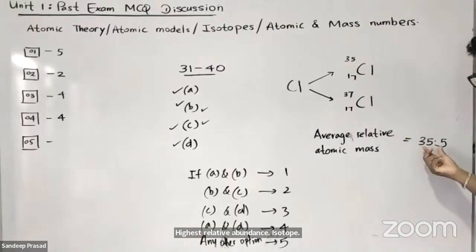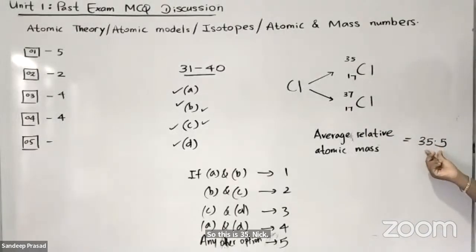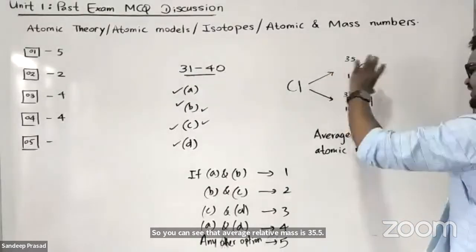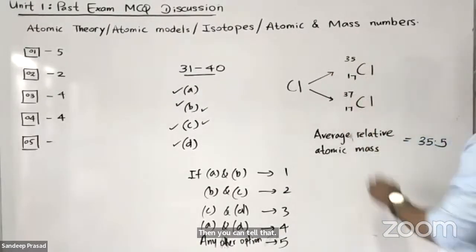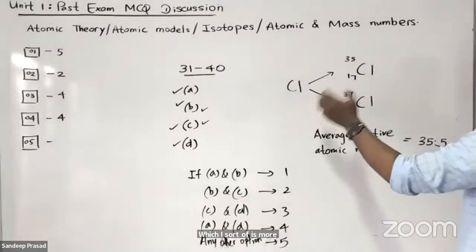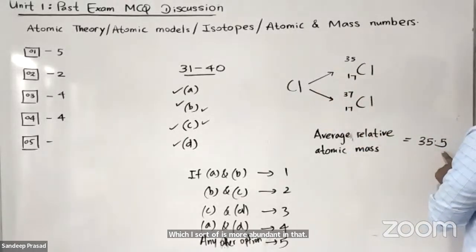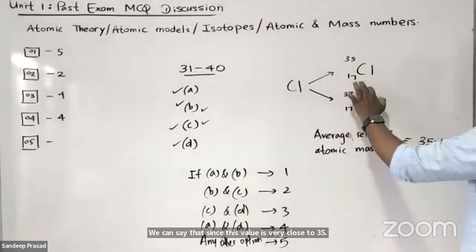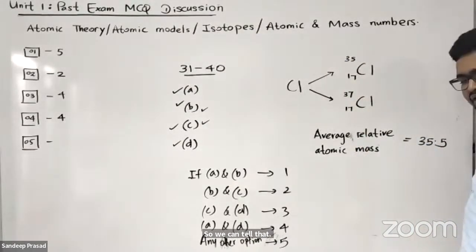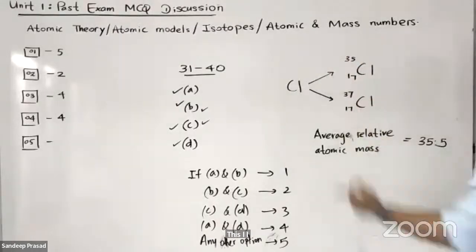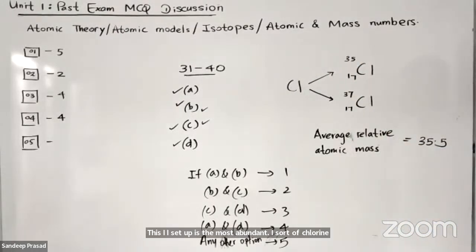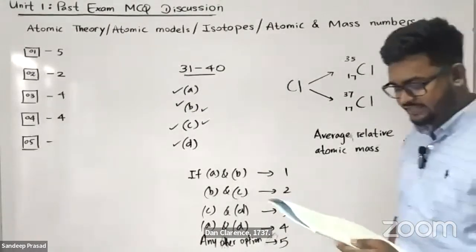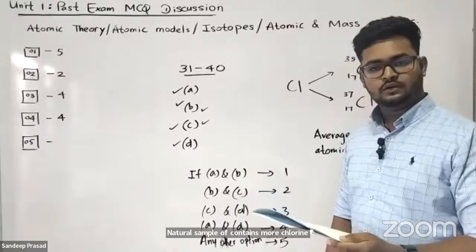So you can see the average relative atomic mass is 35.5, and you can tell which isotope is more abundant in nature. Since this value is very close to 35, chlorine 35 is the most abundant isotope compared to chlorine 37.